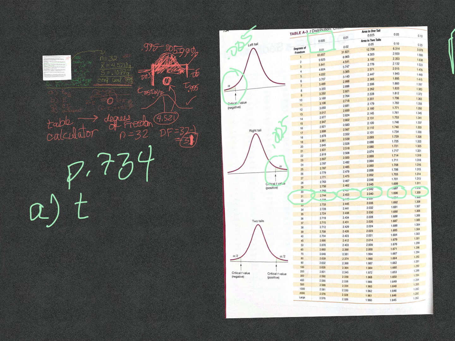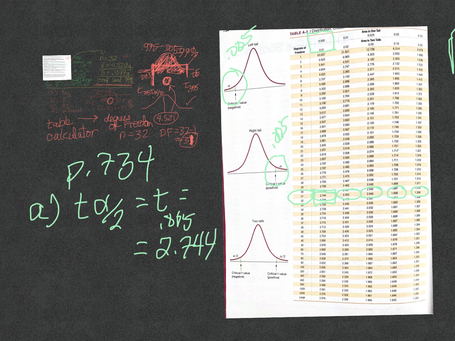Part A: t sub alpha over 2 is equal to t sub 0.005, which is equal to, right there, that number, 2.744. Okay? And that's how we get the t-value, by using a table.